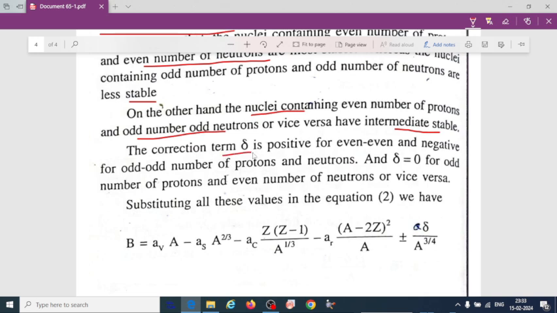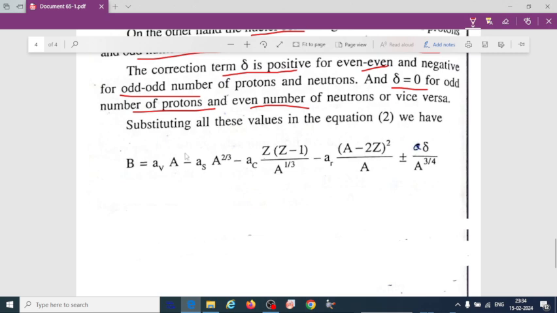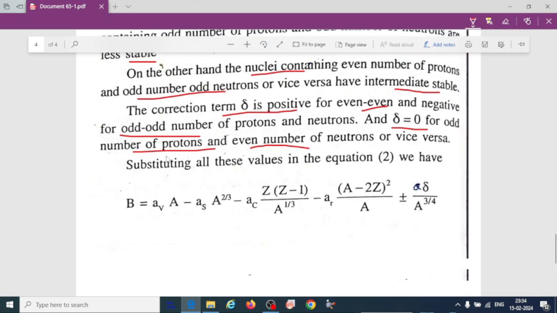The correction term delta is positive for even-even and negative for odd-odd numbers of protons and neutrons. Delta equals 0 for an odd number of protons and an even number of neutrons, or vice versa. Then we have the pairing energy, given by this last term, a_P times delta divided by A to the power 3/4.